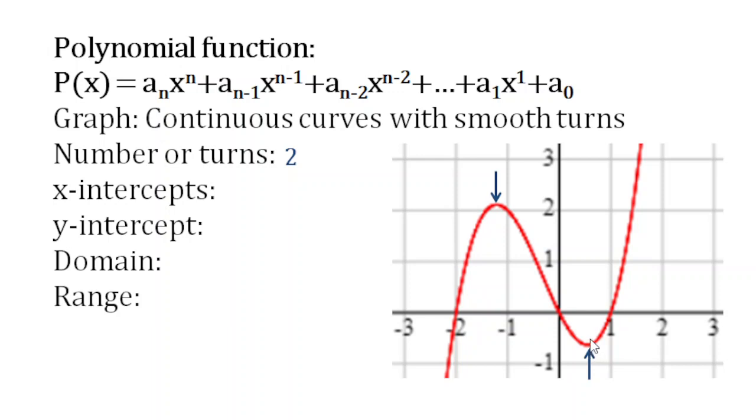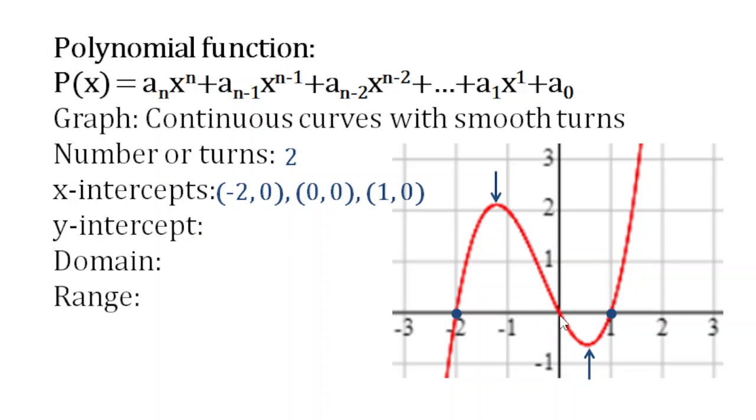What are the x-intercepts? So x-intercepts are the values of x when y is 0, or points on the x-axis where the graph passes through. So -2, 0, and 1, and the coordinates are -2, 0, 0, 0, and 1, 0. How about the y-intercept?